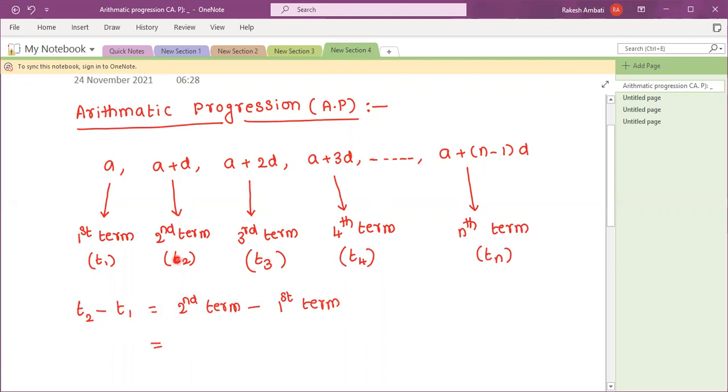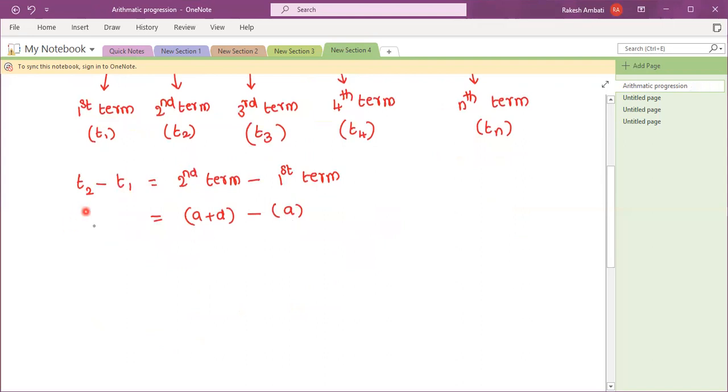T2 is a plus d, minus the first term T1, that is a. So a cancels, and we get T2 minus T1 equal to d.